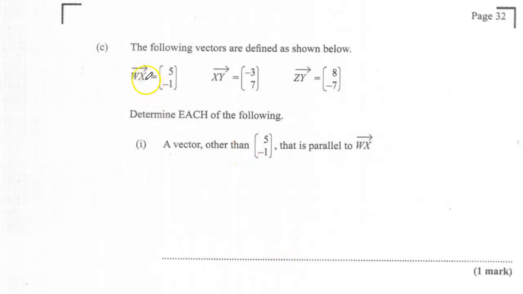Vectors, so we have 3 vectors there. We are asked to find a vector other than 5, negative 1 that is parallel to WX. So for a parallel vector, just multiply the vector by any constant.